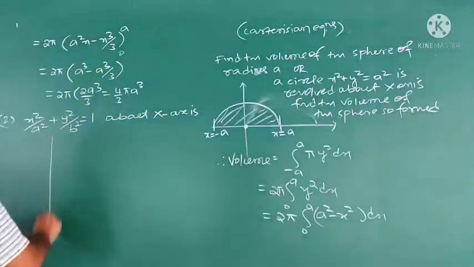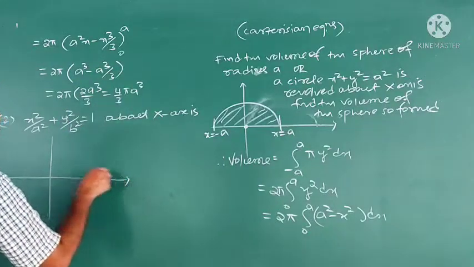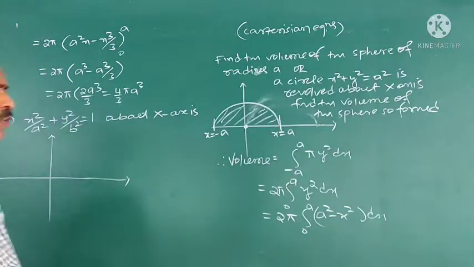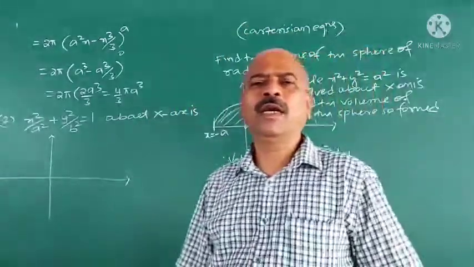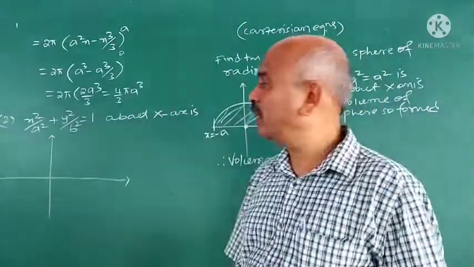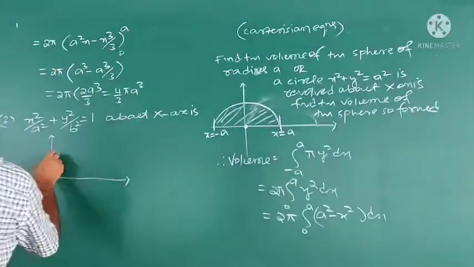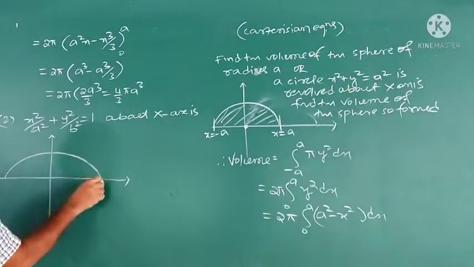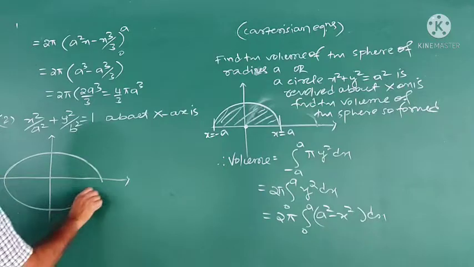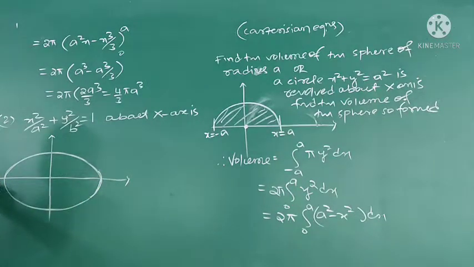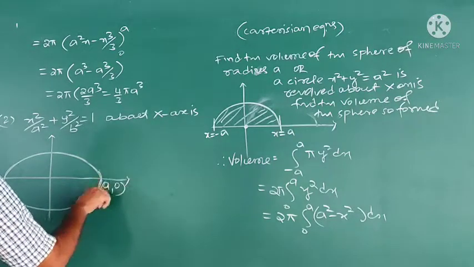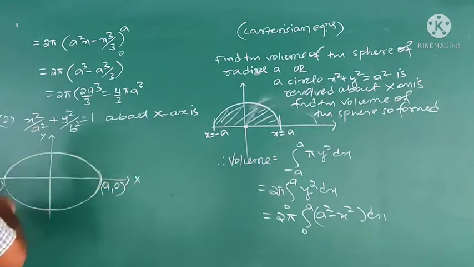Here two cases are there. In the case of a sphere, if we revolve the circle about the x axis or y axis, we will get the same sphere, and the volume is 4 by 3 pi a cube. But in this case, it is important: suppose a is greater than b. This is the ellipse, this is minus a, 0, this is a, 0, this is the x axis, y axis.